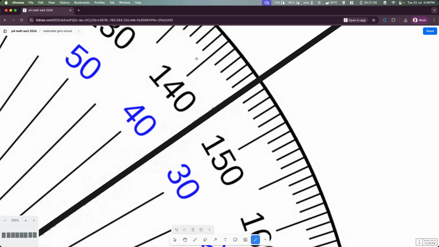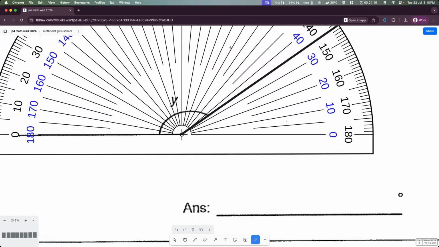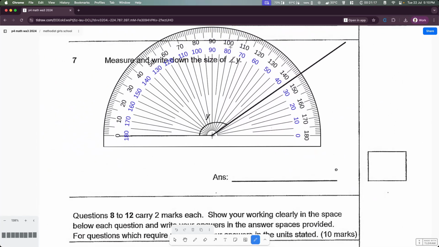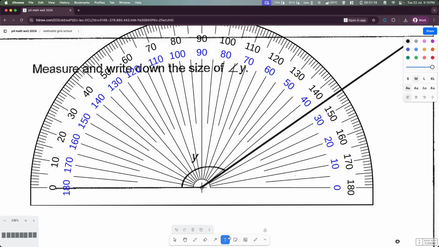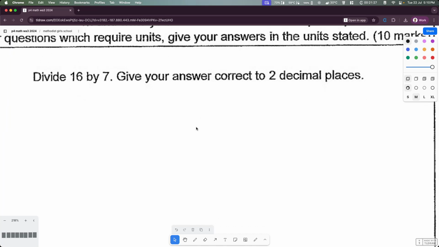So you just start at 140 and then you count. So it's 1, 2, 3, 4, and 5. Okay. So that means this angle over here is an obtuse angle, more than 90. So that means the answer should be more than 90. And the answer is 145 in this case over here. All right, very good. Let's move on to the next question.